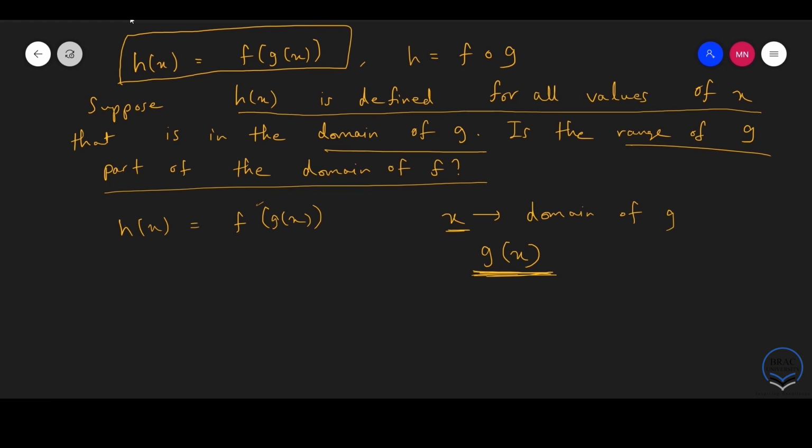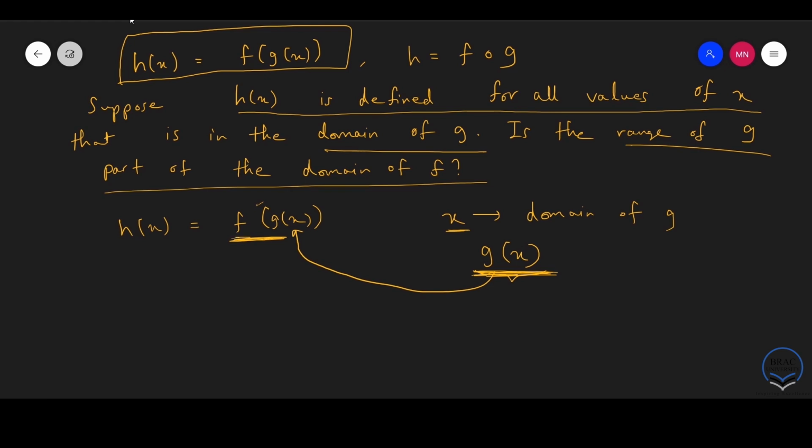So the range of g is just a set of all possible outputs, right? So g of x is an output and it forms the range of the function g, right? And then this g of x, this output, becomes an input into our function f, right? We're considering g of x to be an input of our function f, right?